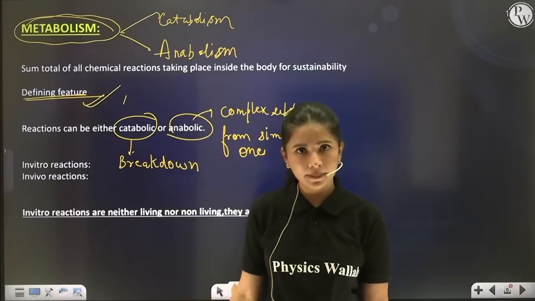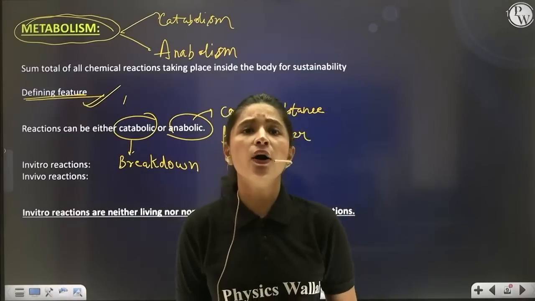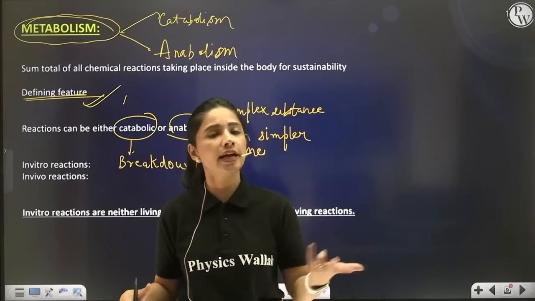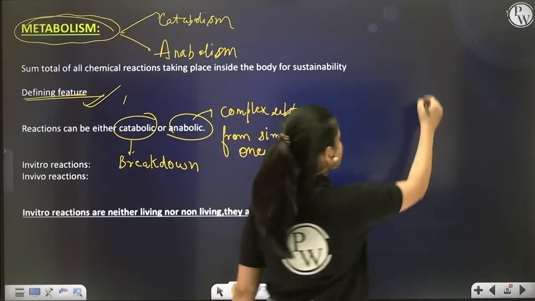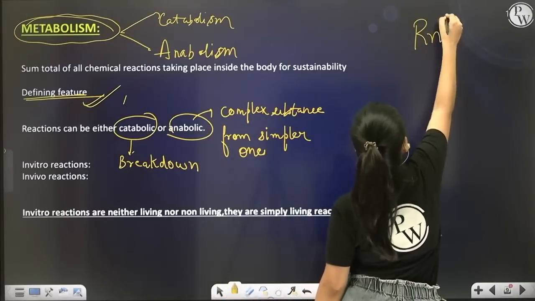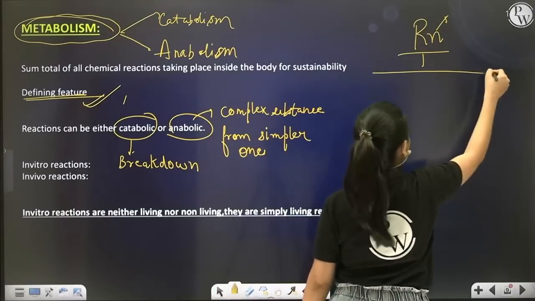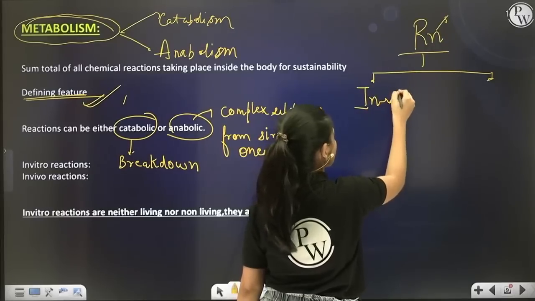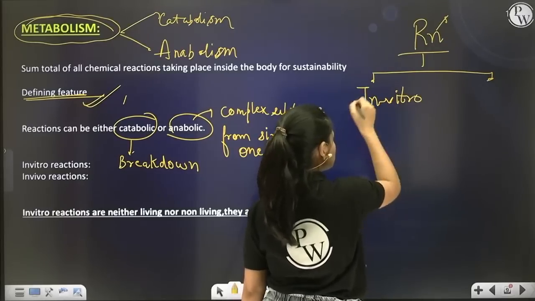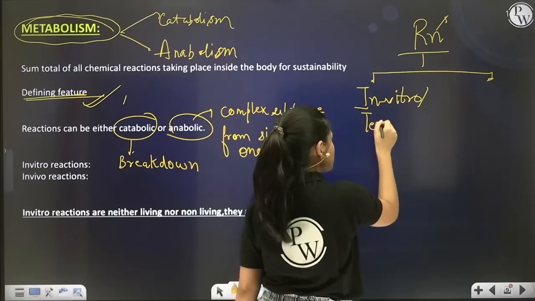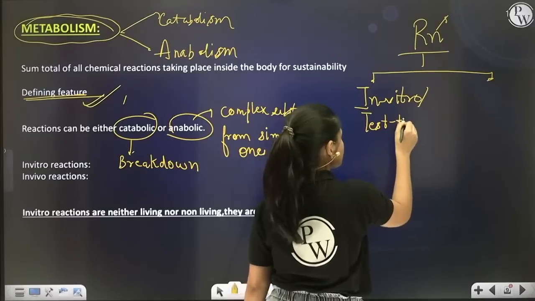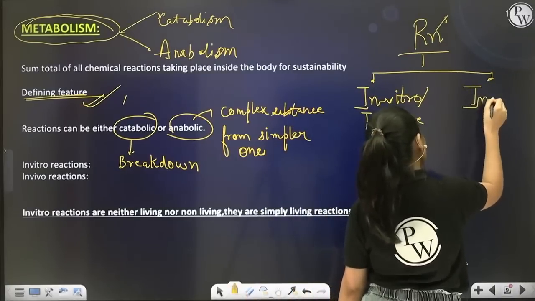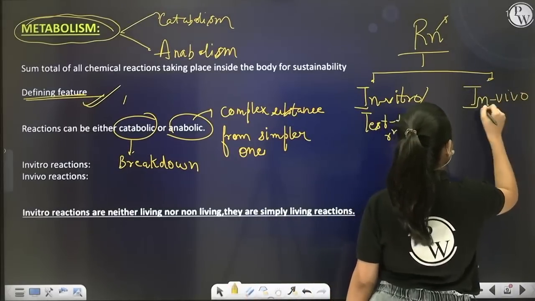Clear to everybody? Okay. Now, in metabolism also there are two types of reactions. Reactions can be of two types. In vitro reactions, also called test tube reactions, and second, in vivo reactions.